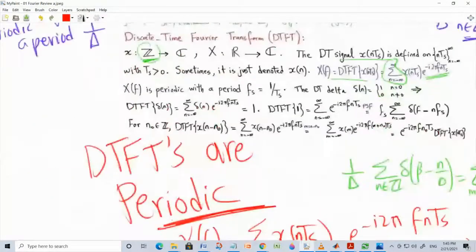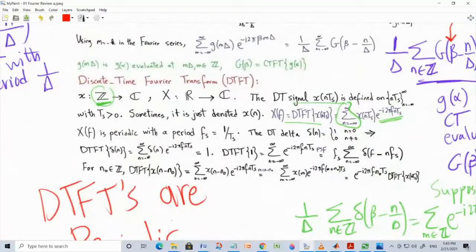So by the way the discrete time Fourier transform is defined, take it for granted, our ancestors defined the Fourier transform of a discrete time signal as you take the samples of the signal and you multiply each one by e to the minus i 2 pi f n Ts, where f is the frequency variable, and then you sum over n.